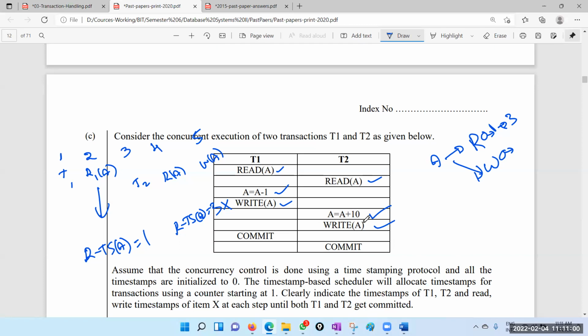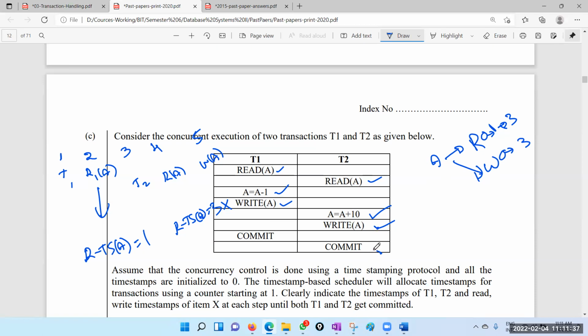Now you can write it, and you have to update the write timestamp as the timestamp of T2, because it is your timestamp now. Now the read timestamp is also 3. Write timestamp is also 3 after this point. Now, of course, the other one is not committed because it's rolled back already. Now transaction 2 can commit.